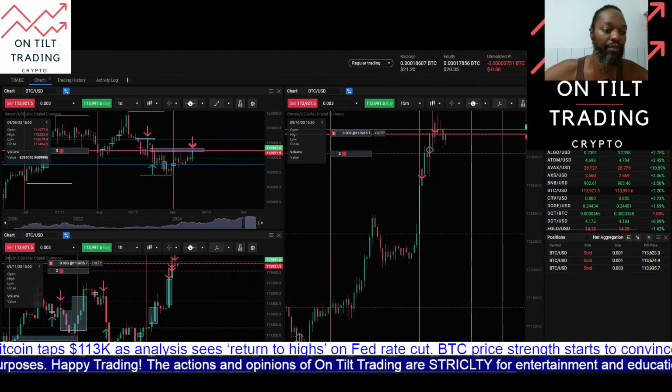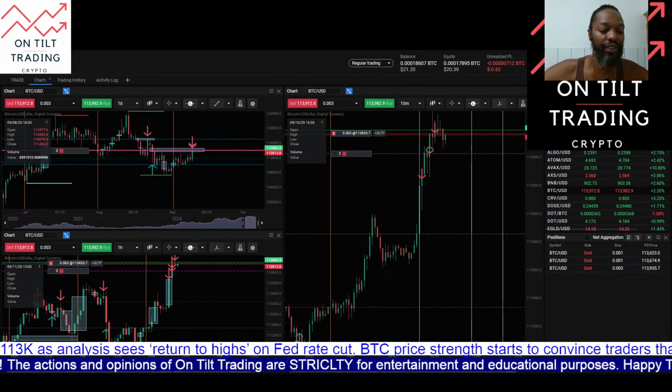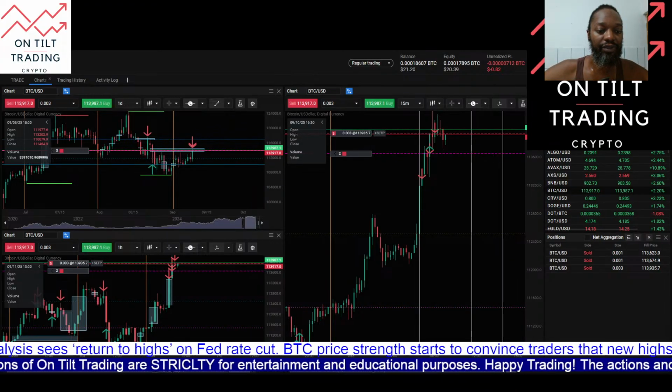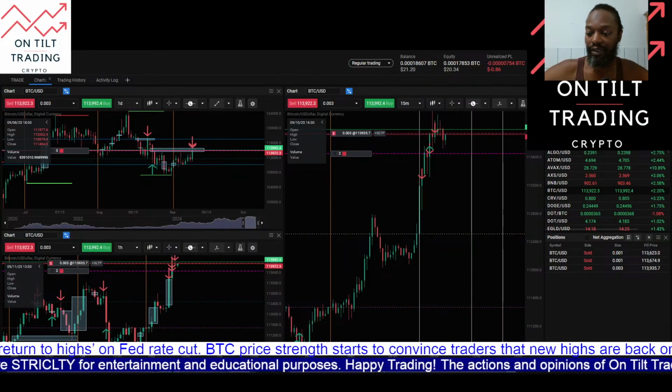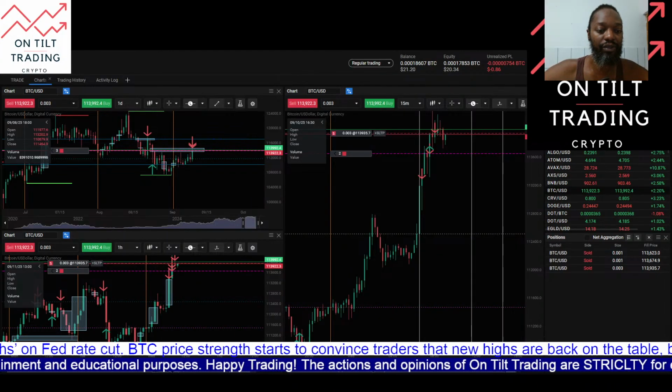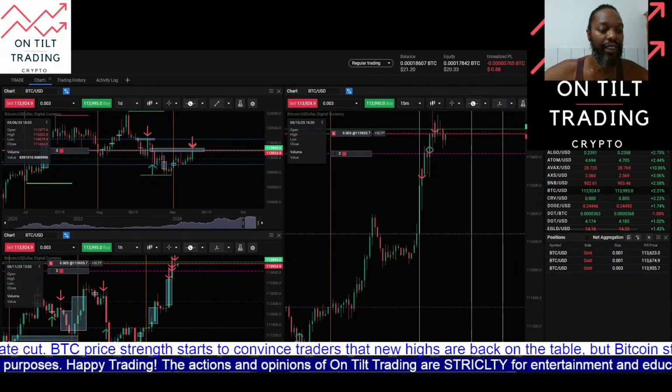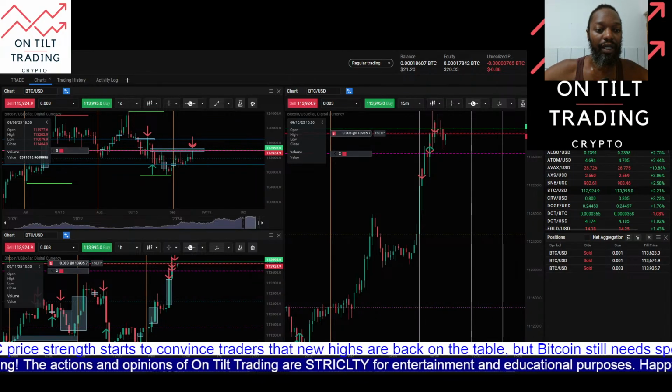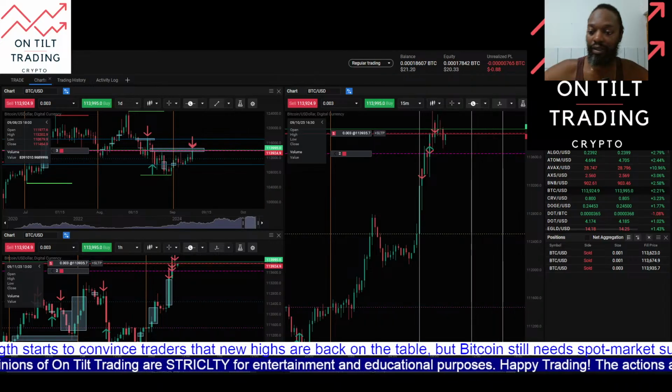This would probably be August. So there's sell side liquidity here and sell side liquidity resting right here. So 2 sell side liquidity zones on the daily chart that I want to target with these 2 positions.